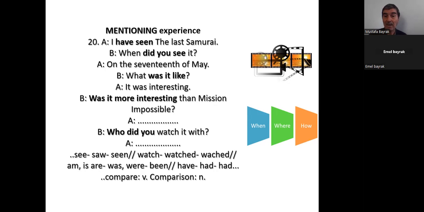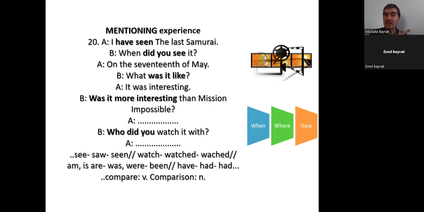Okay. Had. For example, I have a computer. I had it 3 months ago. But our subject is today. I have had this computer for 3 months.